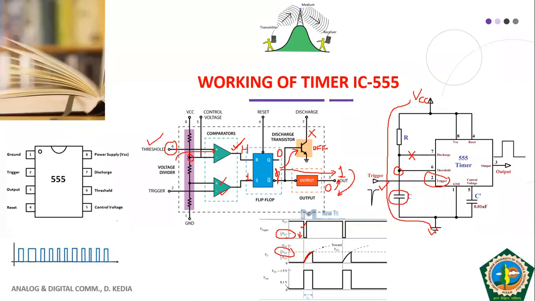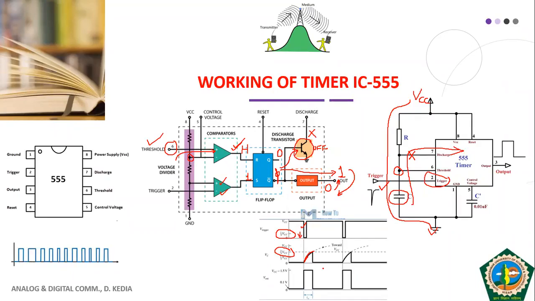And when this becomes 1, the discharge transistor is turned on, and the capacitor discharges through it. This path is restored, and whatever voltage was accumulated across the capacitor has now discharged through the discharge transistor.